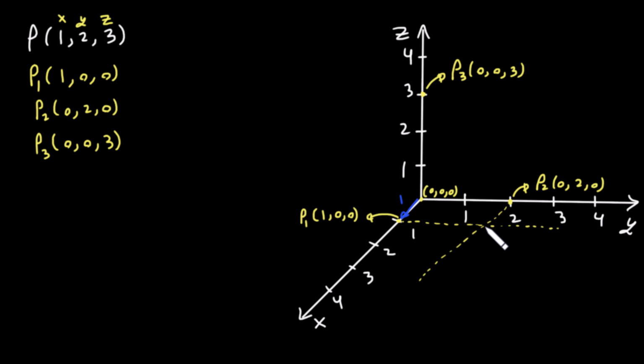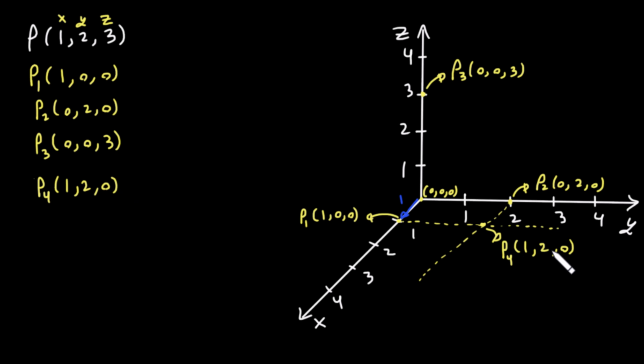They intersect here. This point represents (1, 2, 0), because we didn't go up or down, so it's 0. Let's call this point P4. We plot P4, which is (1, 2, 0).